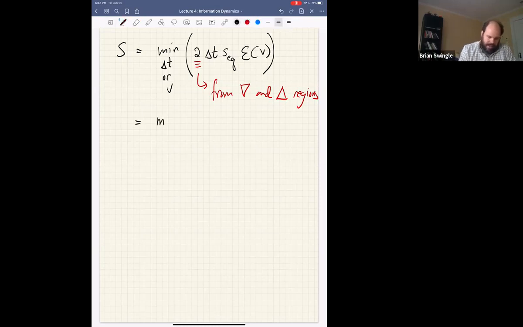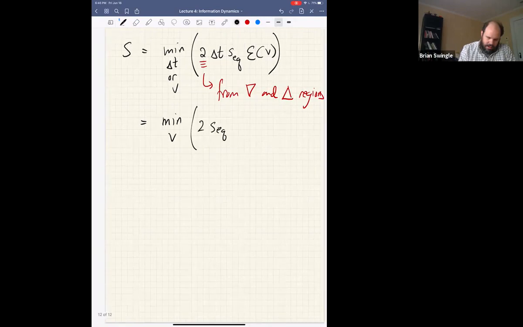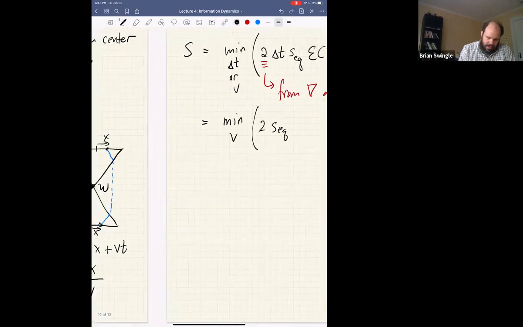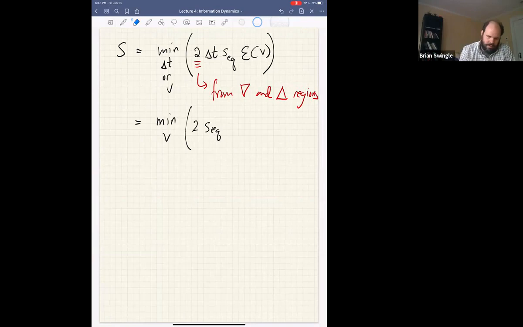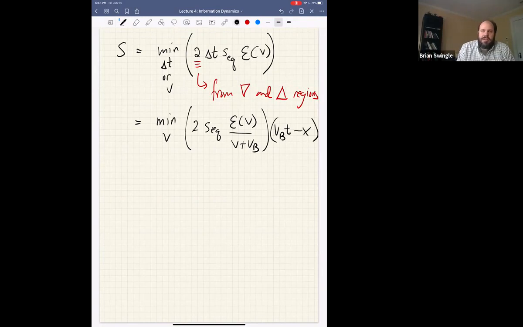Based on our previous slide, this is min over v of s equilibrium. We use our formula for delta t. And then v_B t minus x doesn't depend on delta t or v at all.